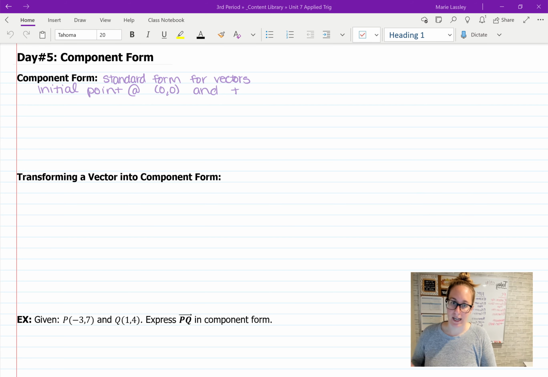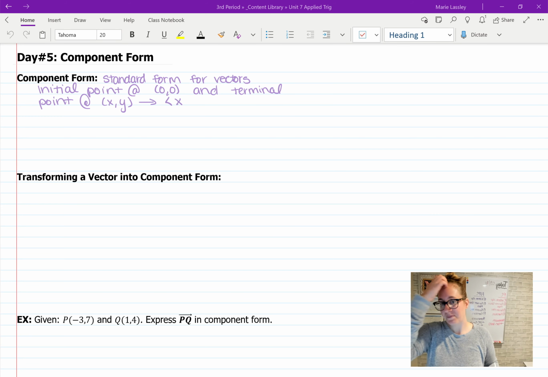Terminal means you're done. Terminal point at some x comma y. And the notation, how you know something is in component form, is going to use those angled brackets. So angle bracket x comma y, that's what you would see.